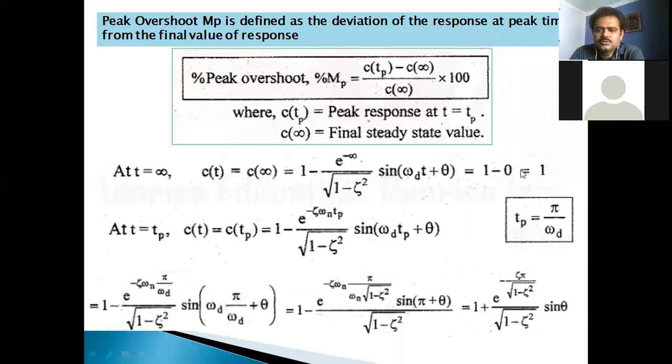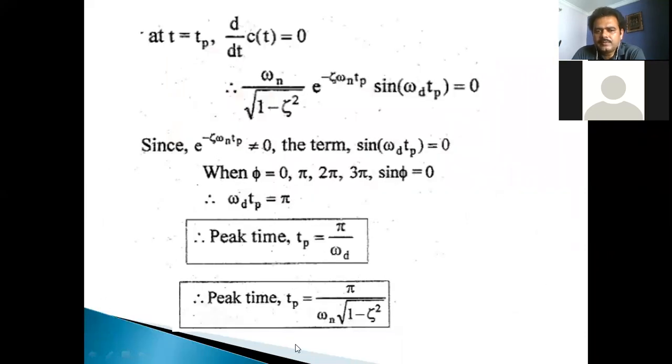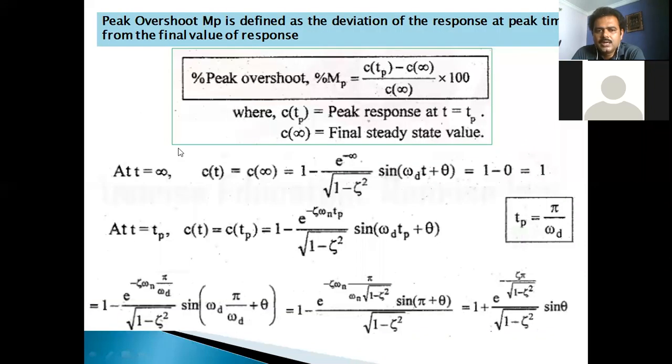It reaches the steady state value after infinite time. Now c at peak time: peak time we have just calculated, that is pi by omega d. So substitute tp with pi by omega d in this formula and simplify this equation.